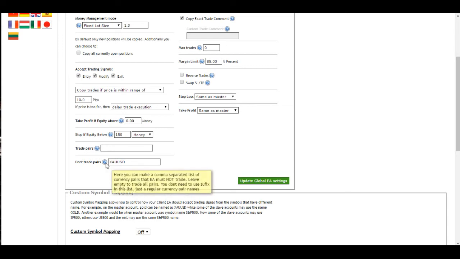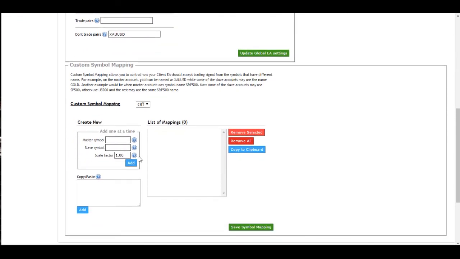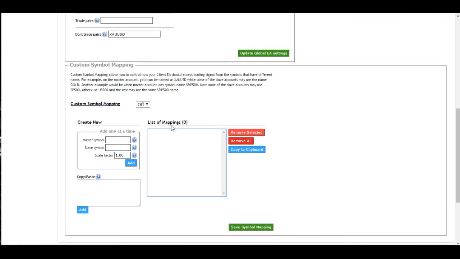And you have to put it in just as it appears for your brokerage. We have a complete option for mappings. So if your broker doesn't use XAUUSD, it uses gold, or if they're not paired, then you can come down here and create symbol mappings.